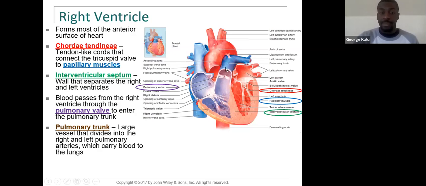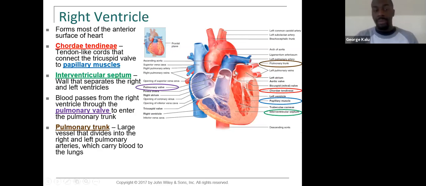Okay. And this pulmonary trunk will eventually split into the left pulmonary artery and then the right pulmonary artery, which is behind the aorta over here. Okay. And so those pulmonary arteries are going to transfer that blood over to the lungs. Okay. And so this is the pulmonary trunk right here.